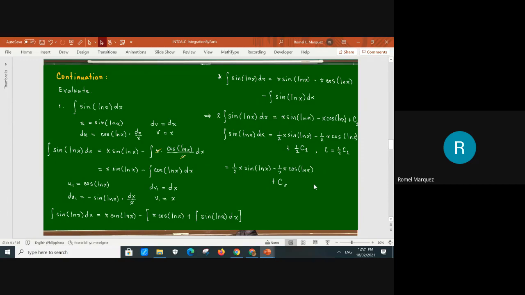But of course, you have to name it by another name, no? If c is what you put here, divide by 2, you will have c over 2, and then you let c over 2 be c sub 1. After all, that is just a name of the arbitrary constant. You can change the name of the arbitrary constant. It doesn't mean always plus c. It can be plus k if your arbitrary constant is k.